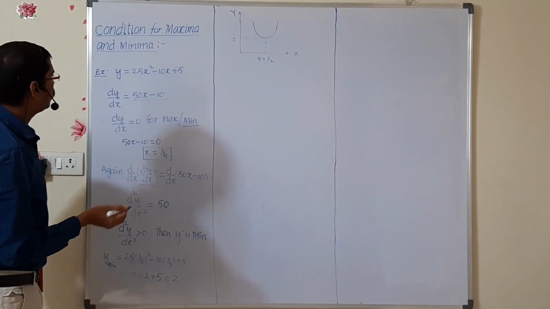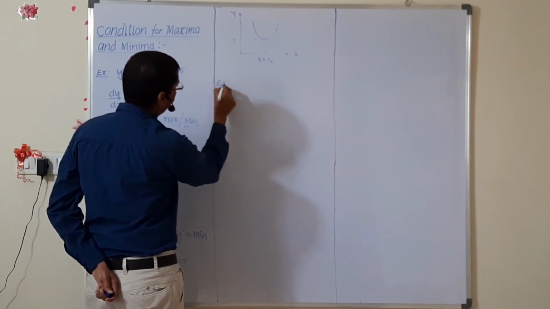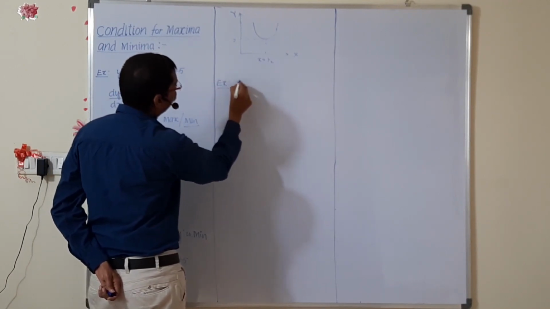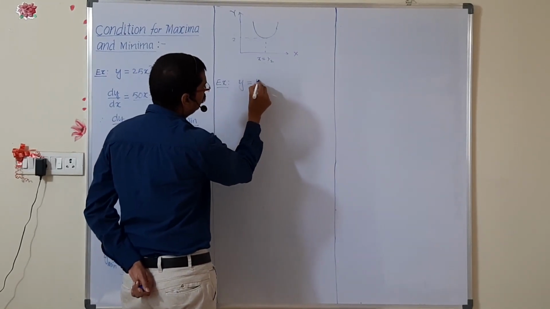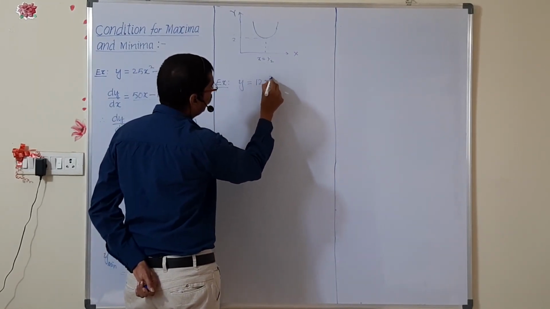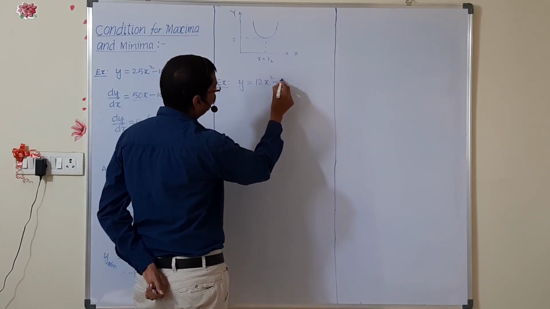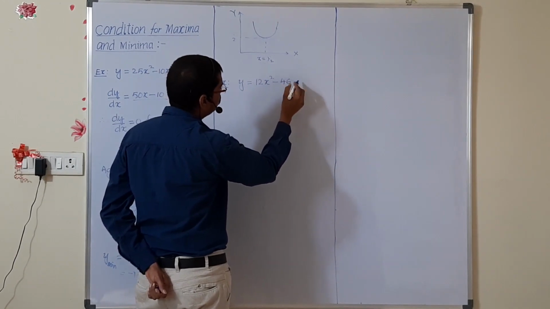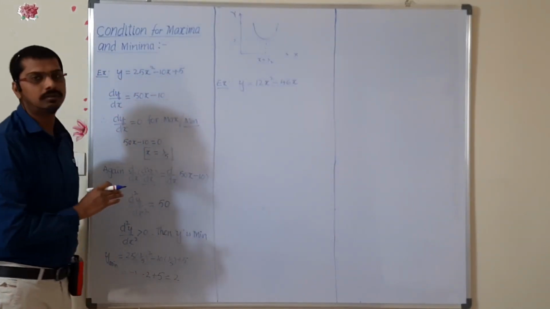Okay, another sum also we will do. y equals 12x square minus 46x. This is the equation we got.